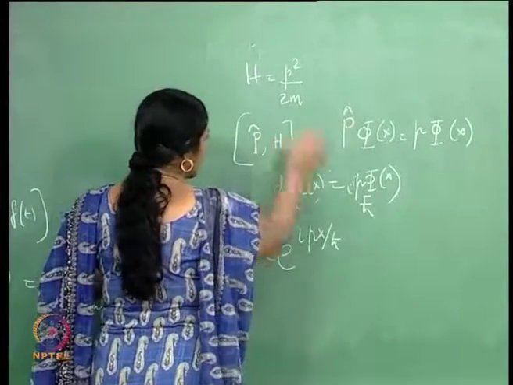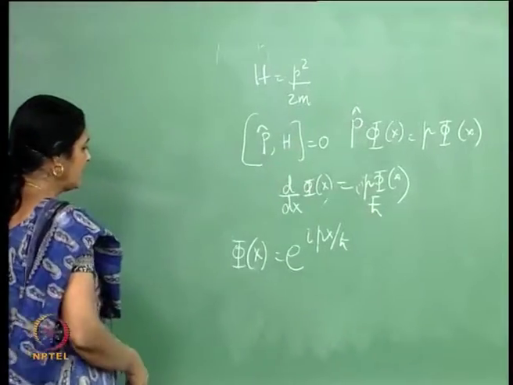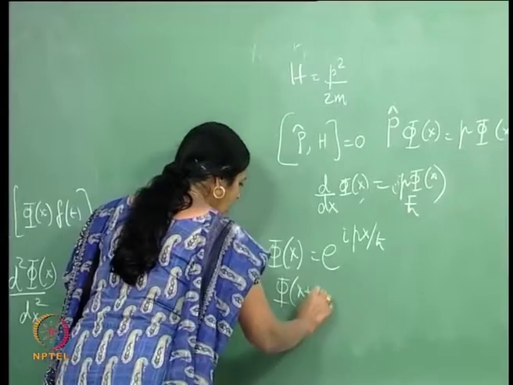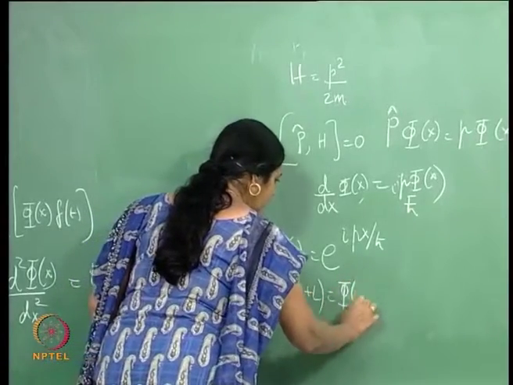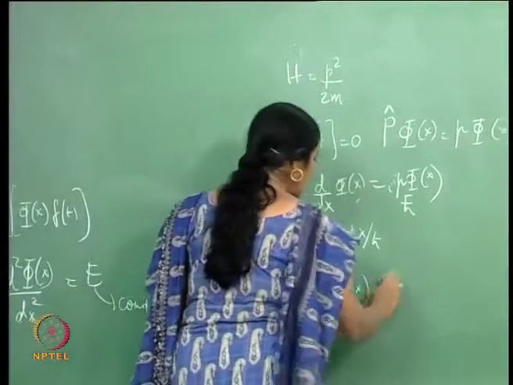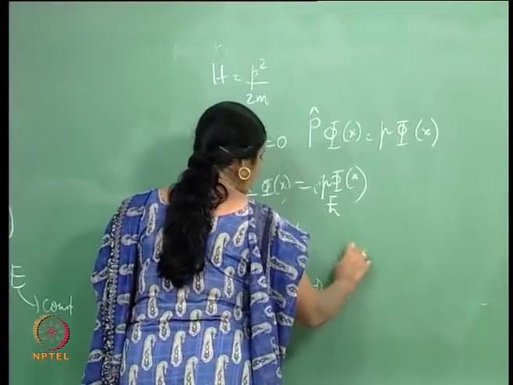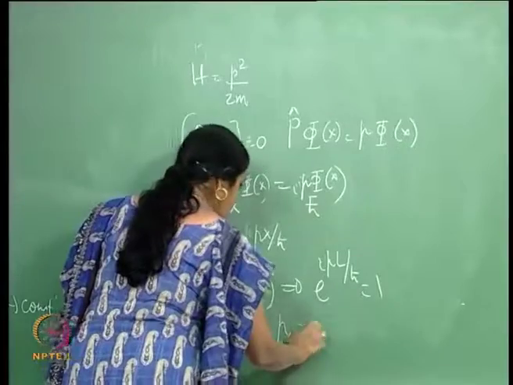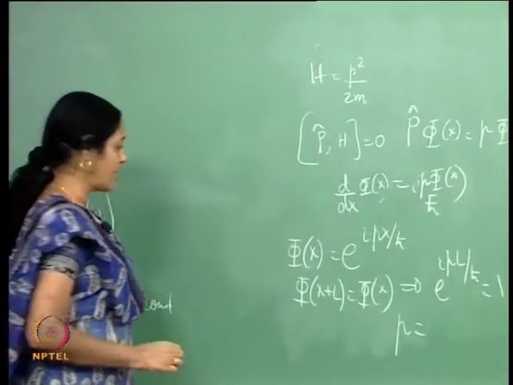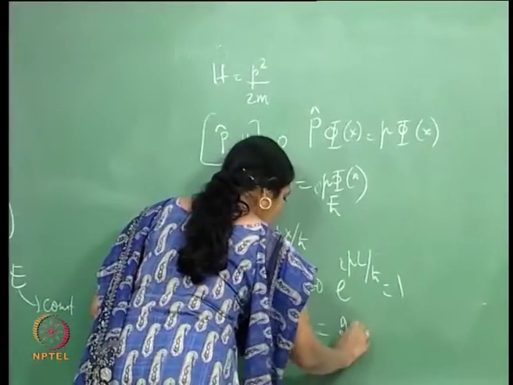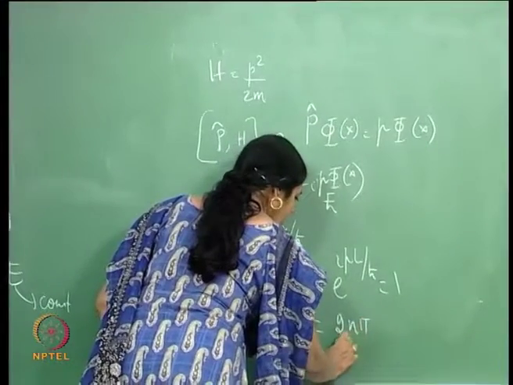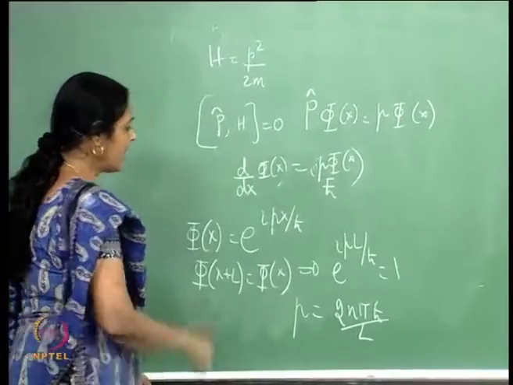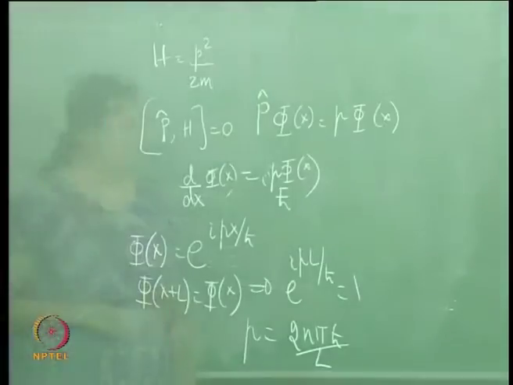Call this capital P, the same P that appears there. And now if I say phi of x plus L is equal to phi of x, that tells me that e to the i p L by h cross is 1, or this momentum eigenvalue is quantized. This becomes 2n pi h cross by L, n being an integer 0, 1, 2, 3.